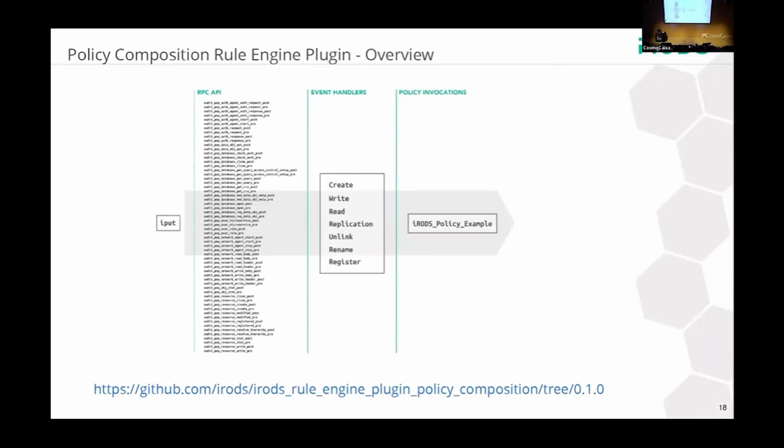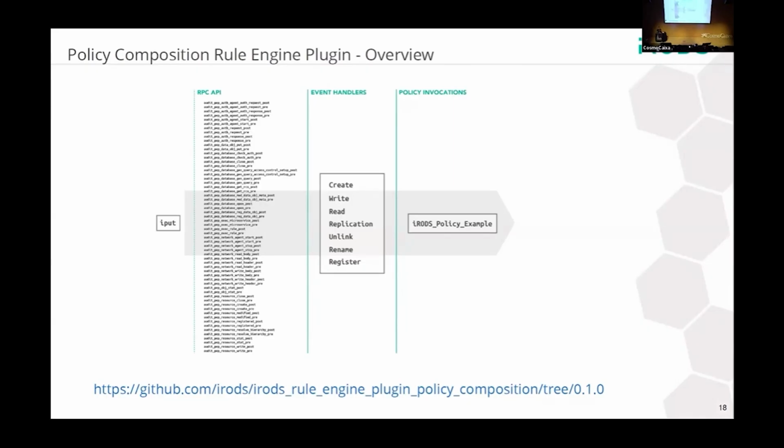As an overview of one of the more major parts of the policy composition plugin, it's the abstraction that is provided by the event handlers. If we frame it from a single point of view, you have an input operation, and from that input operation you could potentially invoke a whole bunch of dynamic PEPs. If you wanted to write policy, you would need to insert it into the appropriate PEPs, and you need to recall it.